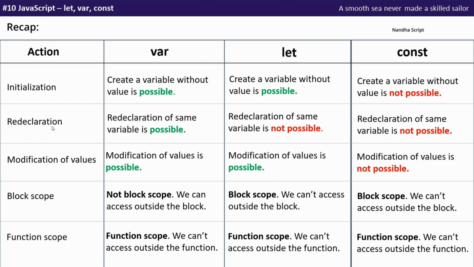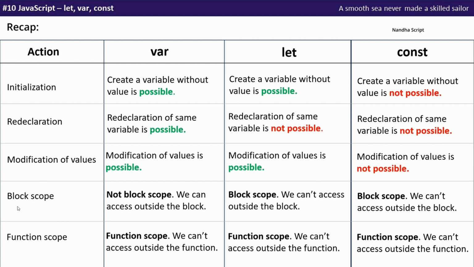After that, redeclaration: with var we can create a variable with the same variable name, but in let and const it is not possible. Then modification of values: with var we can easily modify the value, and in let also we can easily modify the value, but in const we can't modify the value, because the name itself says it's a constant. It's not modifiable, I mean not changeable.